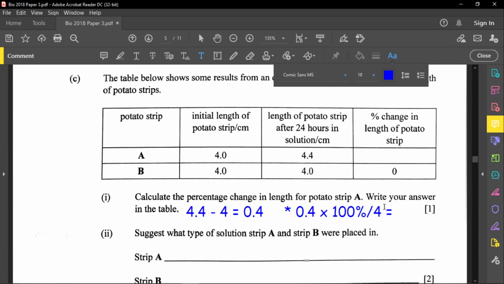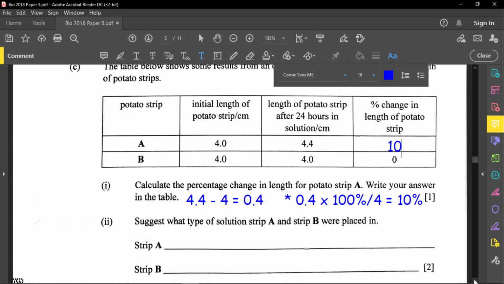So the percentage change will be 10%. So 10% change will be our answer. Okay. All right. So now let's move to the next part of the question.